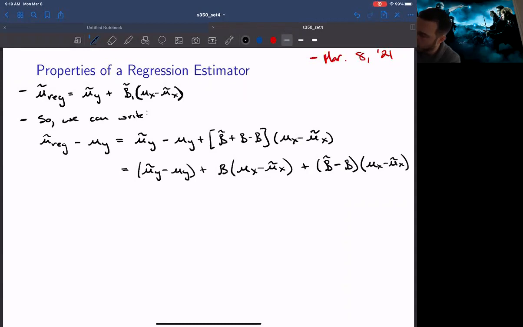All right. Now we can say, note that the rightmost term is a product of two small quantities.